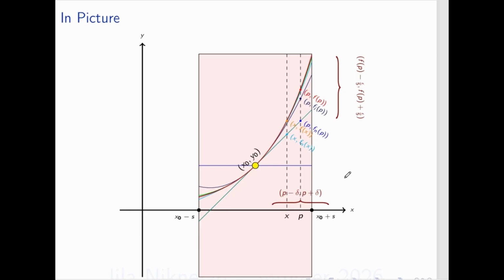Now, take any point x in this interval and find the x and f of x, where f is the limit function. So what happens to this x and f of x?